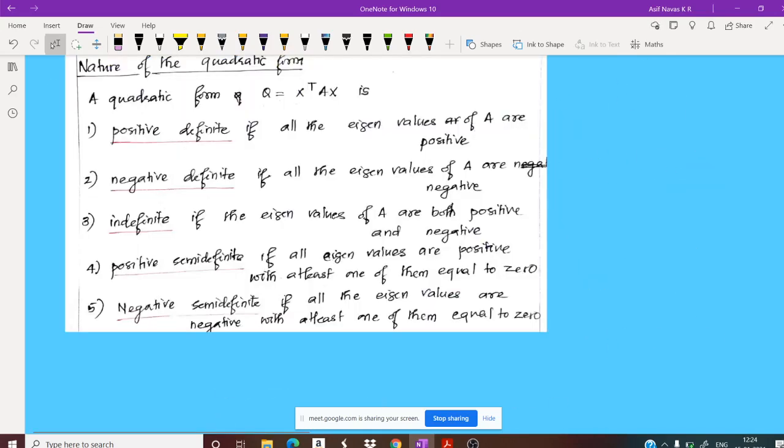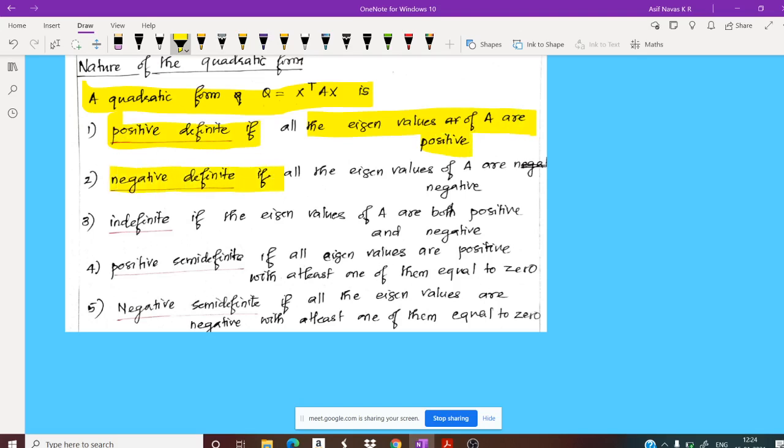So now it is very easy, right? A quadratic form Q equal to X transpose AX is positive definite if all eigenvalues of A are positive. A quadratic form is negative definite if all eigenvalues of A are negative.